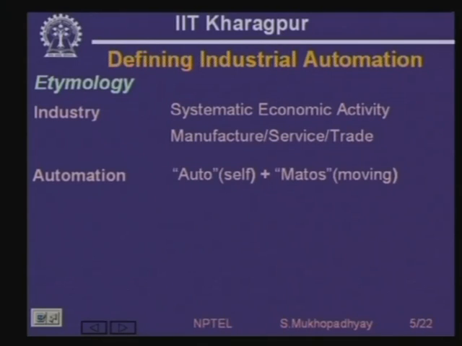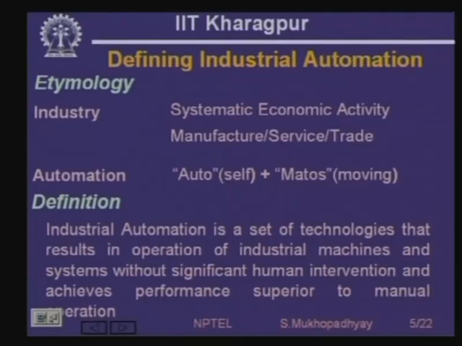So, together an automaton is a device or an object which moves by itself. This is the essence of the word automation, and from this you can very easily understand the definition of automation which I have coined.